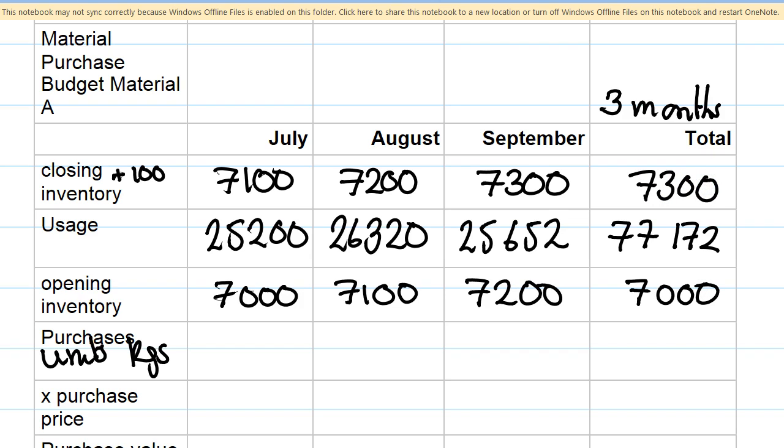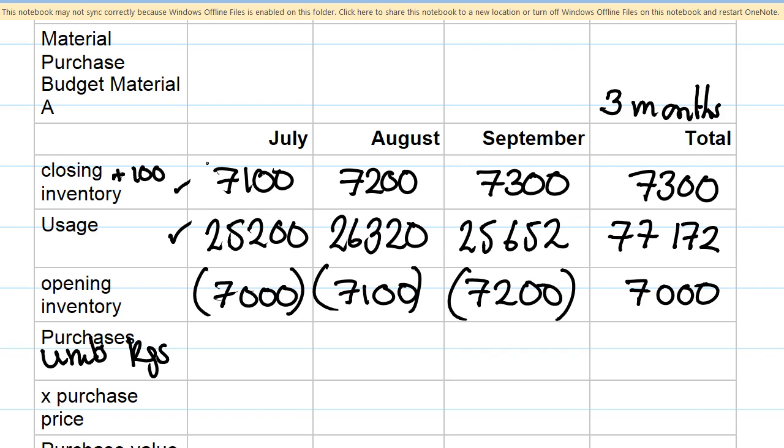To get to my units, my kilograms that I need to buy to actually make enough units and to have enough closing stock of material A, I don't need to buy my opening stock. I already have it. So what I need to buy is enough kilograms for my usage and to supply my closing stock.